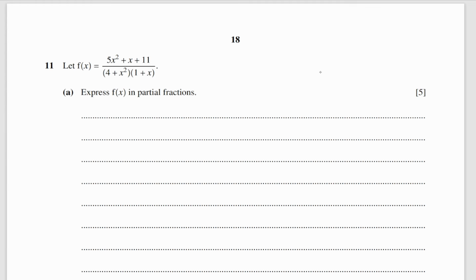Next question is about partial fractions, and first of all we'll have to look at the denominator. We'll see that we have two factors there. The first one is what we call an unfactorizable quadratic, and the second one is a linear factor.